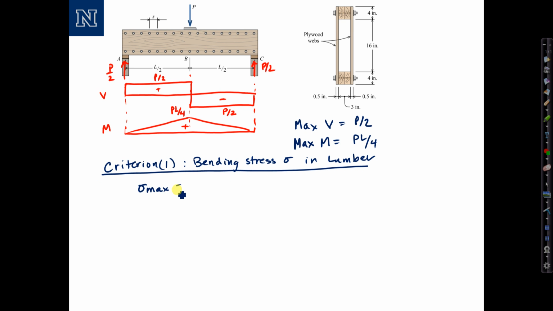Sigma max equals MC over I, and we'll take the maximum moment in the beam, so we'll write this in terms of P, is PL over 4 times C over I. Let's take this equation and solve for P, which gives us an allowable load, P allowable, equals 4I over LC times the allowable stress in the lumber. That's the first consideration.